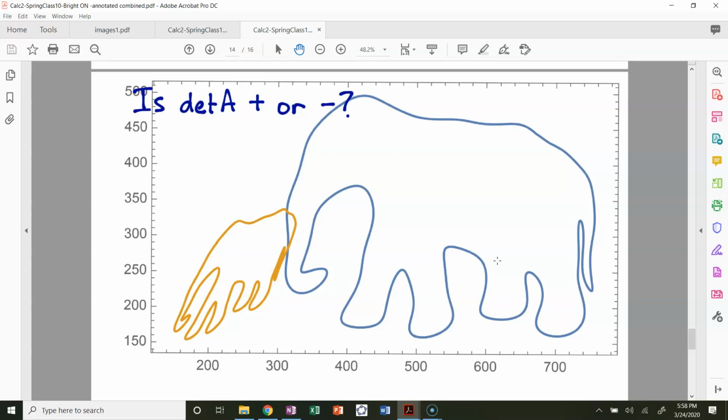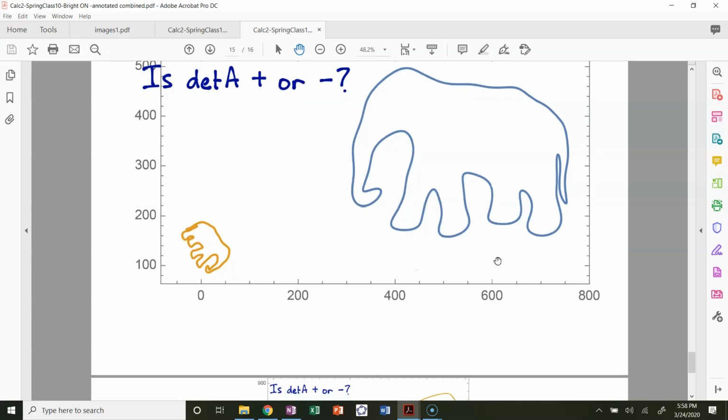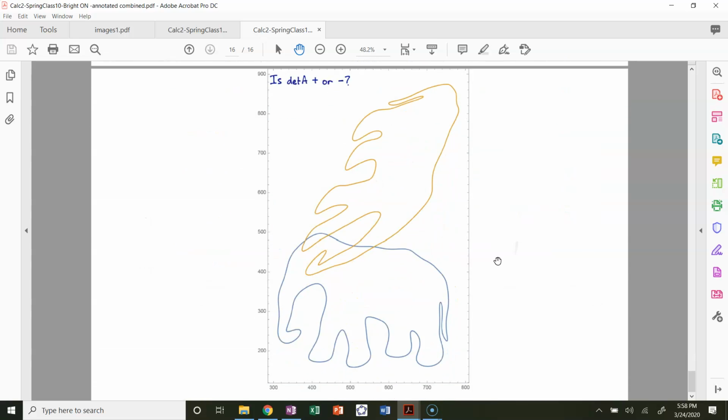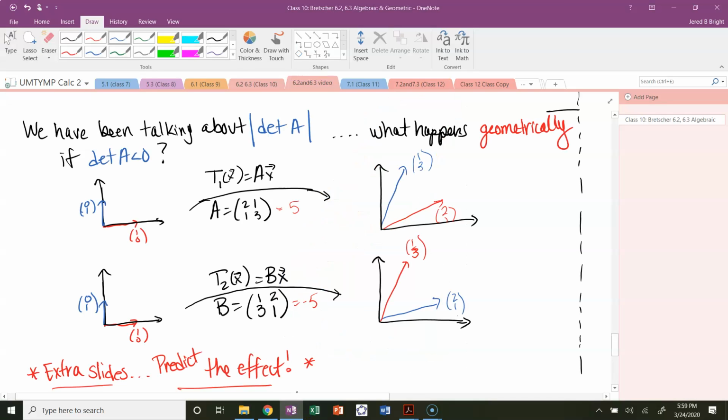And the second one, what do you think? I think the determinant is negative. And this last one, is it positive or negative? This one should be negative as well. So just a few examples to let you see what happens if the determinant is negative.